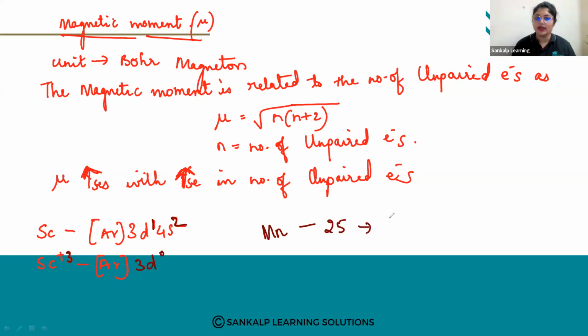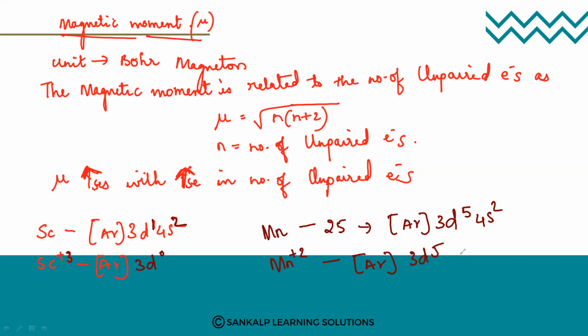So it will be argon 3d5 4s2. Mn will exhibit as +2, so it will be argon 3d5 4s0.